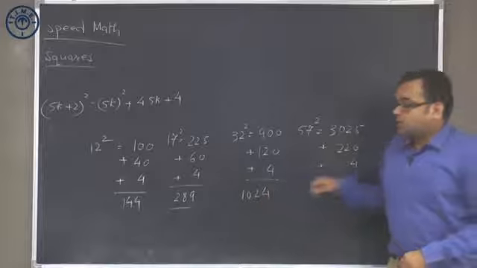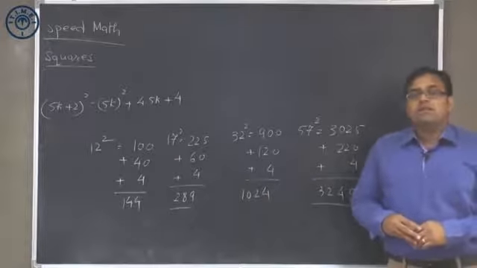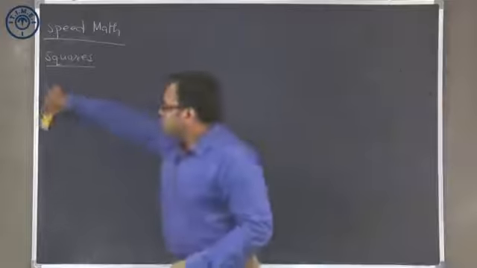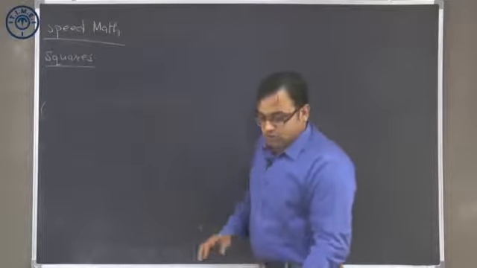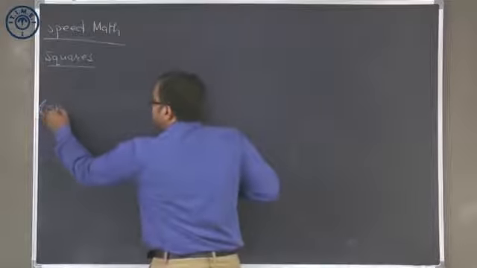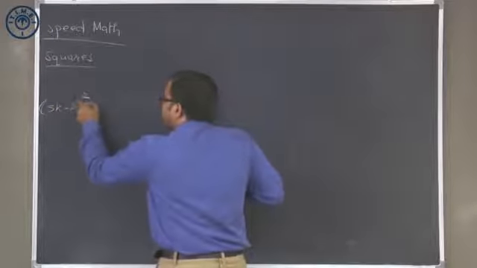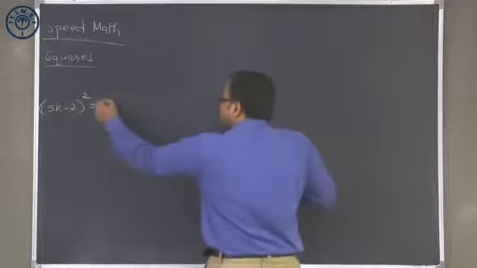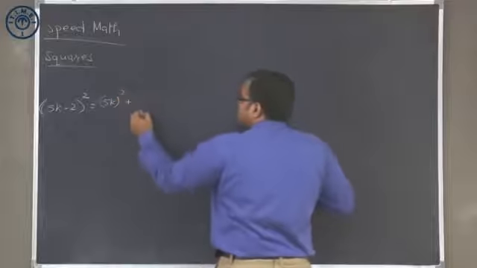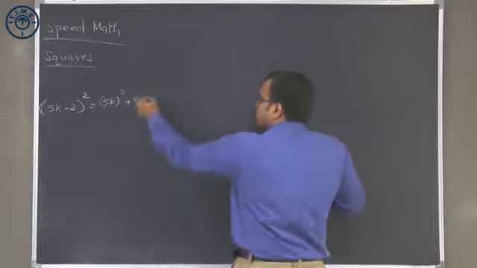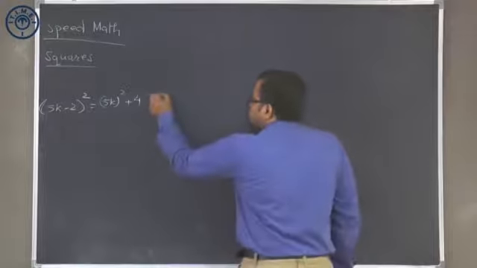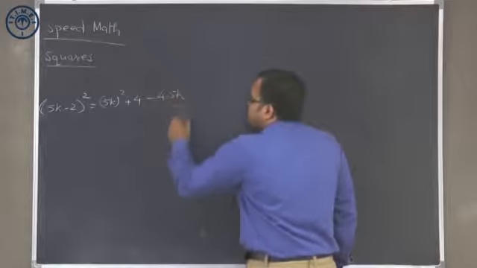With this you would be able to calculate the square of any number which is of the form 5k plus 2. If a number is of the form 5k minus 2, (5k minus 2) whole square, this will be (5k) square plus 4 minus 2ab. 2ab will be 2 into 2, 4 into 5k.